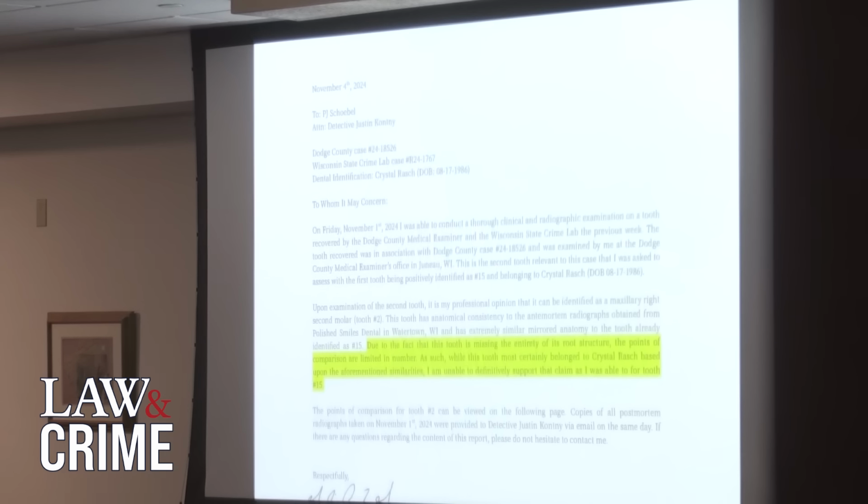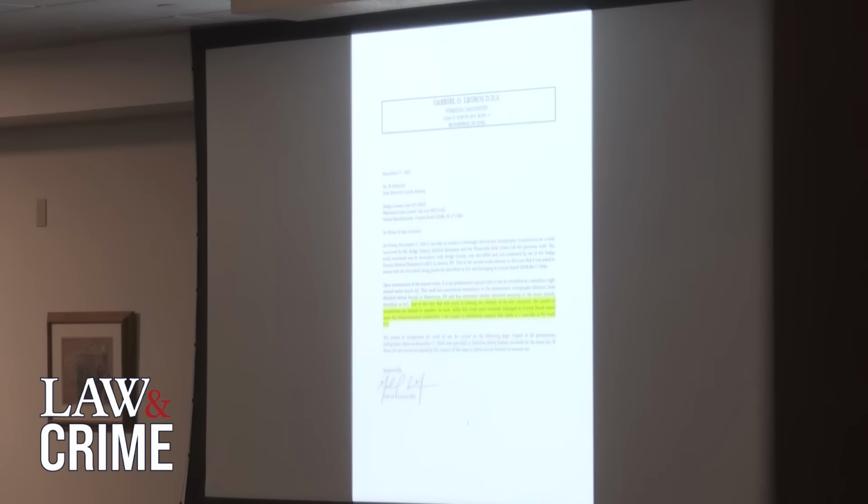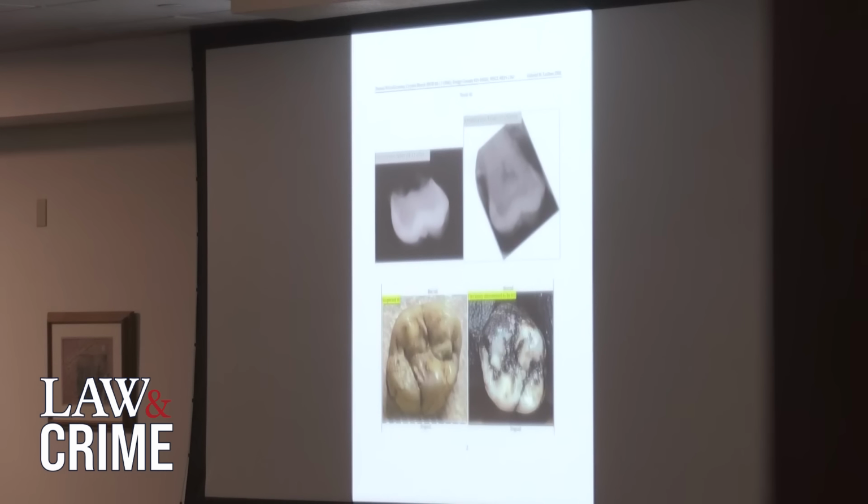Walk us through the process that you used for this second tooth. Sure. Would it be helpful if we went to the next slide? Yes. Okay. So coincidentally, this is tooth number 2, and that is the mirrored tooth to tooth number 15. Us human beings are symmetric creatures, so the anatomy for that tooth is just inverted.